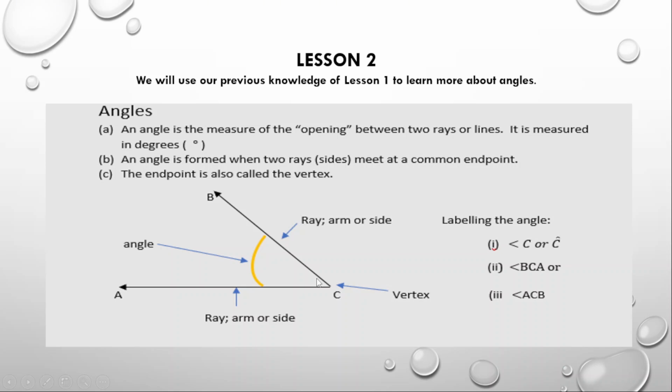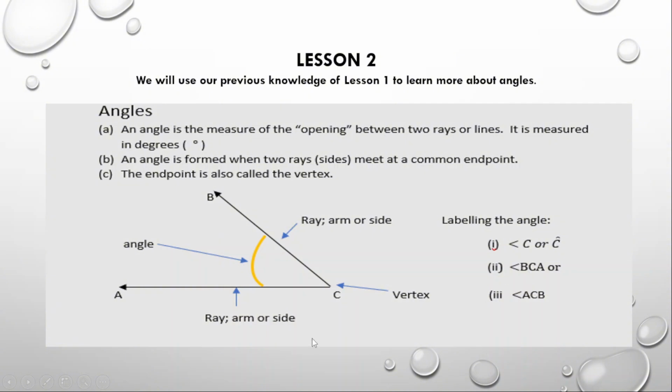Now we can also use the vertex and a point on each arm to name the angle. In this case, we call it B, C, A. We make use of point B, point A, and the vertex, as long as you write the vertex in the middle.